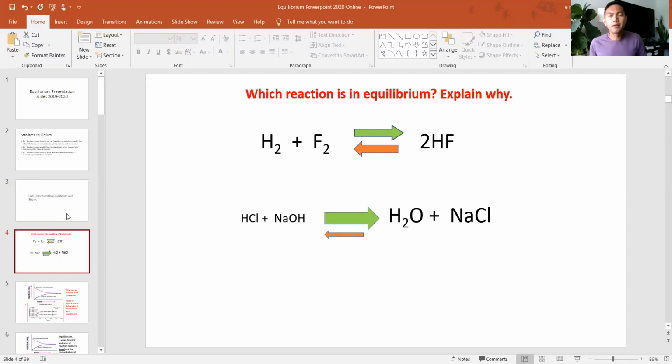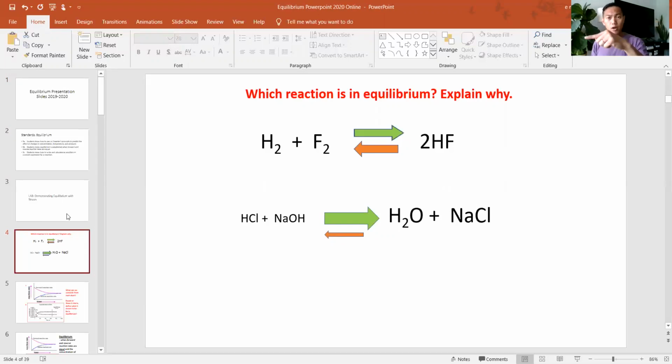In this first slide, we're showing two different reactions, and the font size and the arrow size is done intentionally. We have the reaction on top, where hydrogen and fluorine create hydrogen fluoride, or hydrofluoric acid, perhaps. But the arrows are going in opposite directions.